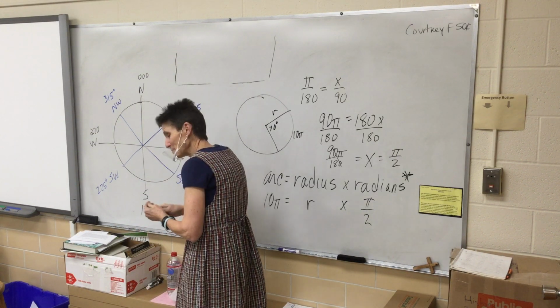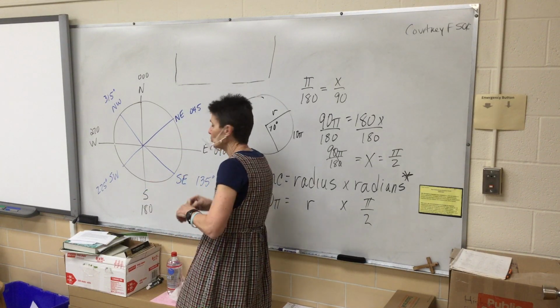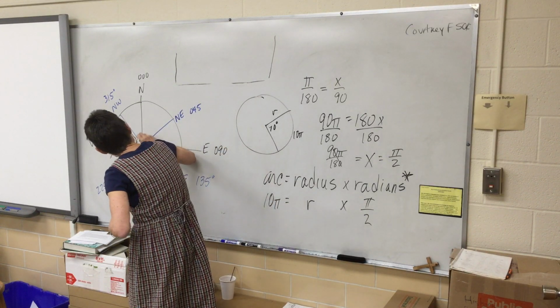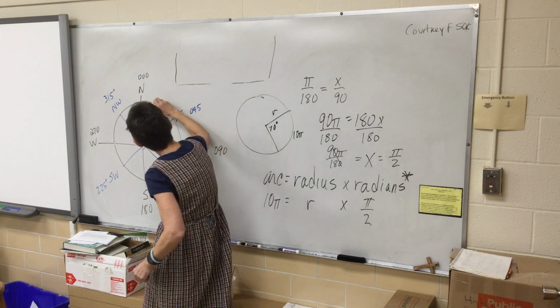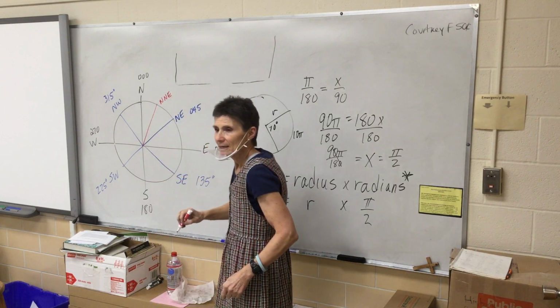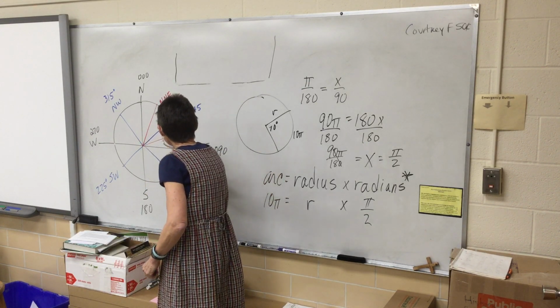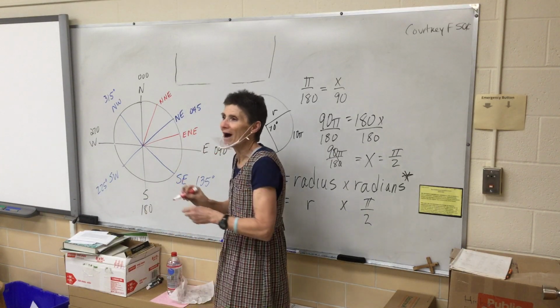Okay, but we're not done because we can do one more split. Actually, you can do more than that, but we're only going to do one more. If I draw in this red line right here, this is called north-northeast. And this red line is called east-northeast. Now, why?